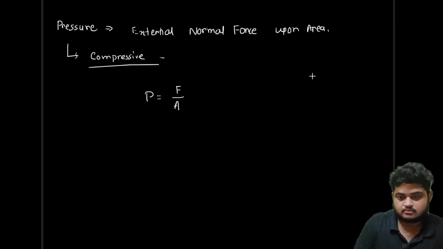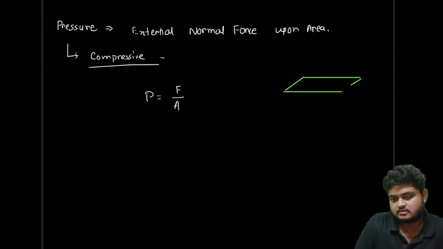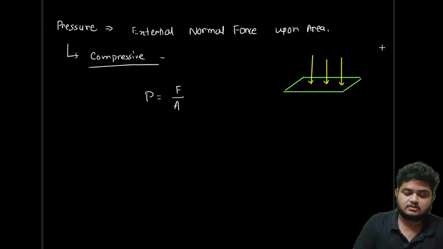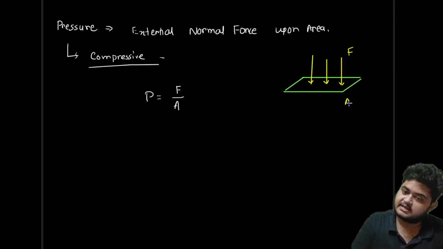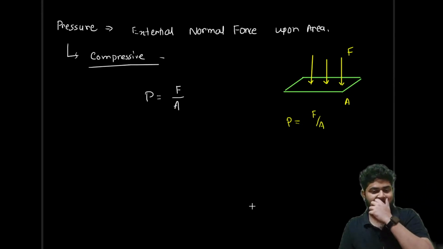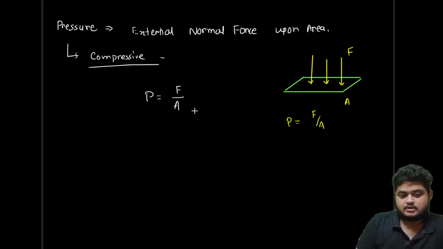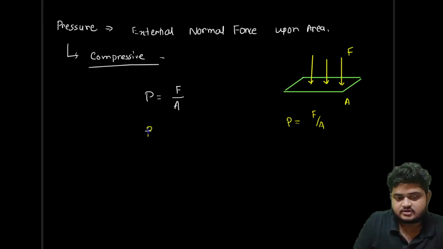So, if this is any surface area, then this will be pressure. This is F, the external normal force, and this area is A, then pressure will be F upon A. Now, what should be the unit of pressure?